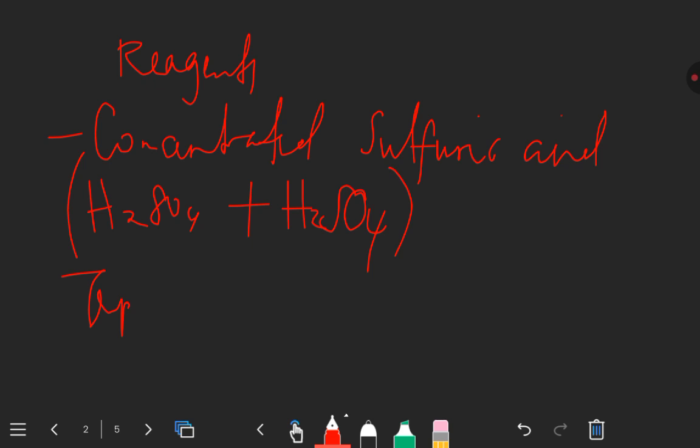So it can occur at approximately about 40 degrees Celsius to around 180 degrees Celsius. So this is the temperature, but this also depends on the reversibility of the reaction. So you can try to make sure that the reaction is occurring at a better temperature depending on the reversibility.